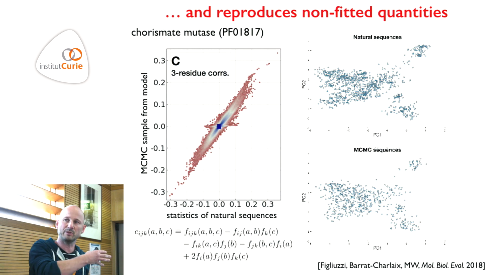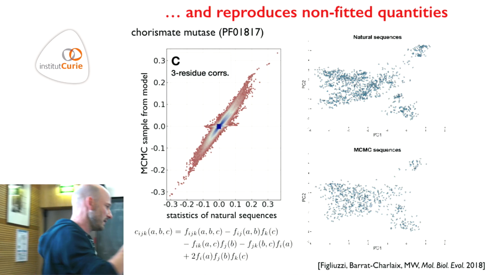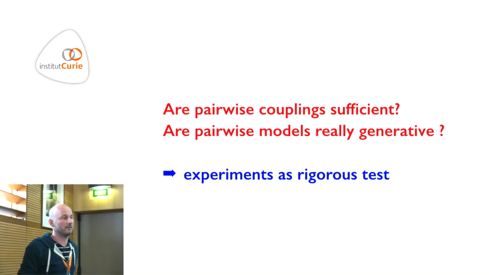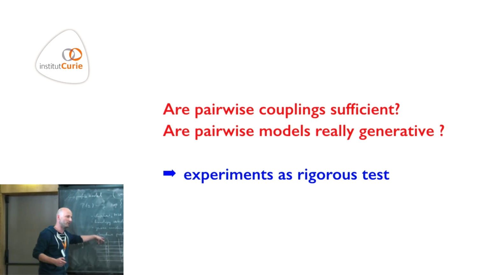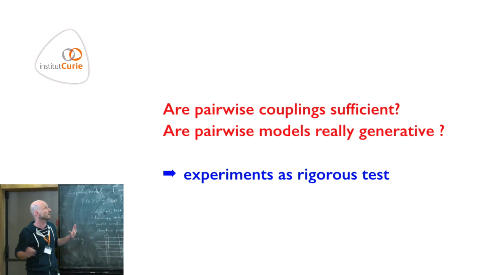That's again something which we do not fit, but which our model gives us in a sense for free. So there is some indication that we don't need to go beyond pairwise couplings, because you could go on with 3 and so on. But I don't see anything that my model does not reproduce, so I don't see the need for 3-point.